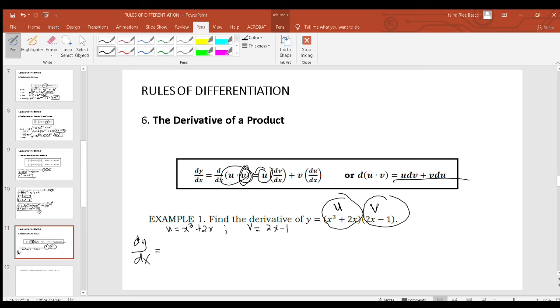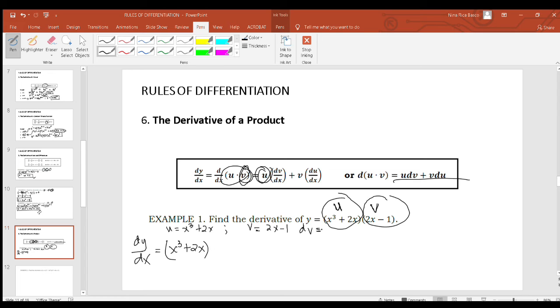Ilagay muna natin yung u. Anong u natin? X cubed plus 2x times yung derivative ng v natin. Anong derivative ng v natin? dv. I-derivative natin yung 2x minus 1.